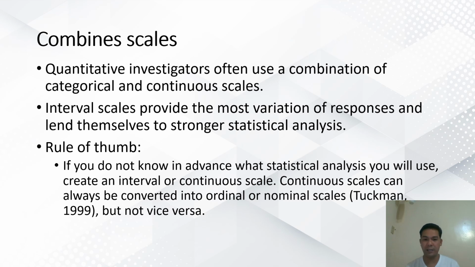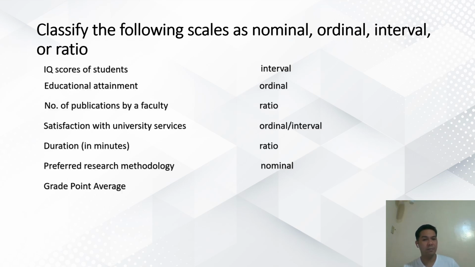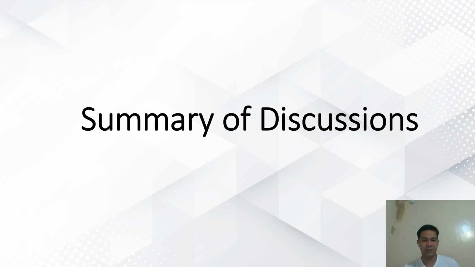So you always treat your data as if they could be a continuous scale rather than assigning them or defining them as ordinal or nominal scale. So yeah, these are just examples of variables and how we classify them according to their scales.